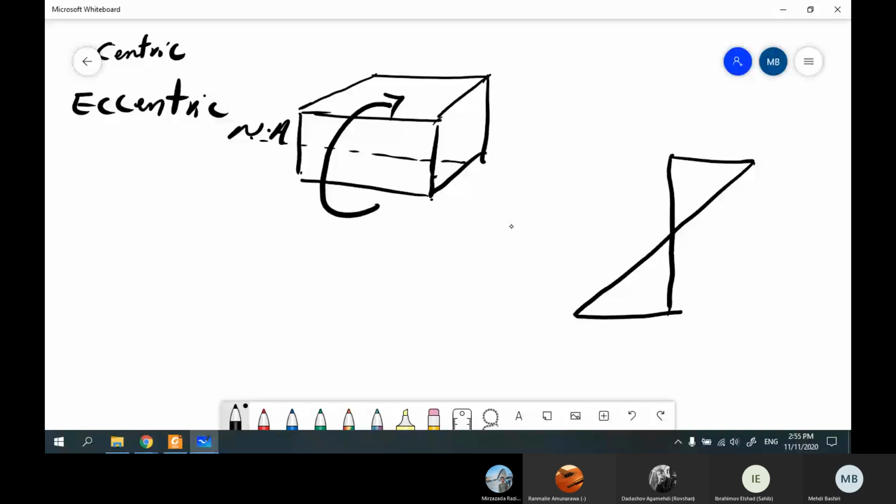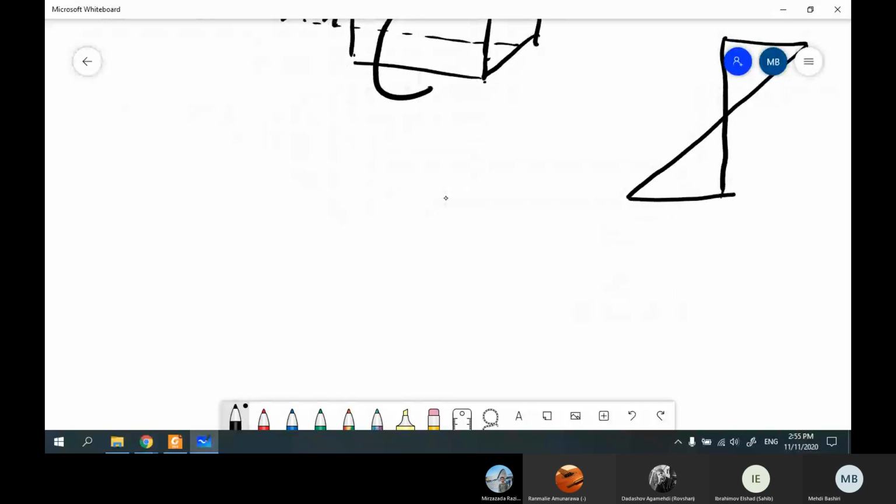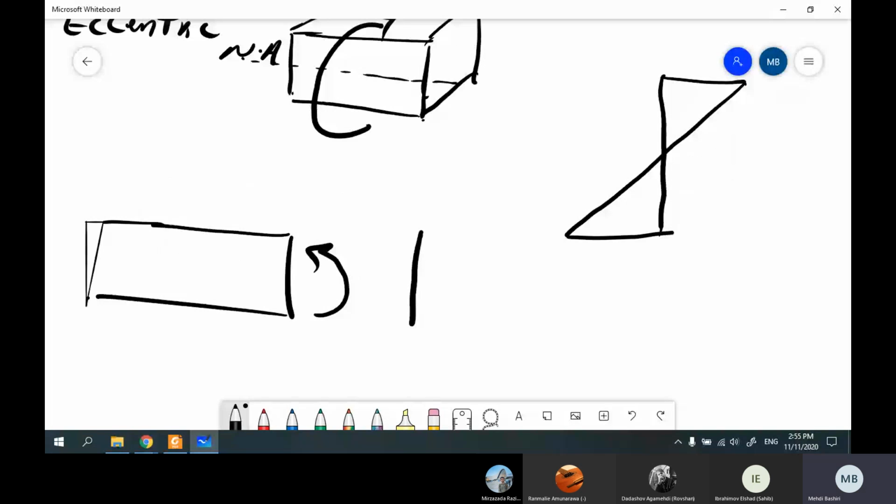How? For example, if I want to show it in 2D view, we have a bending like this, we have a moment, and then this is the distribution of the stresses.